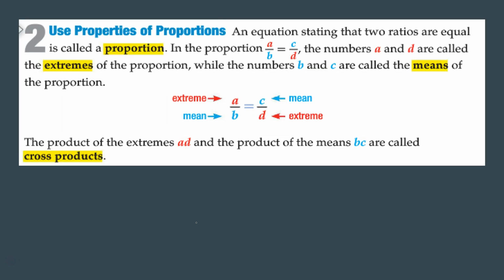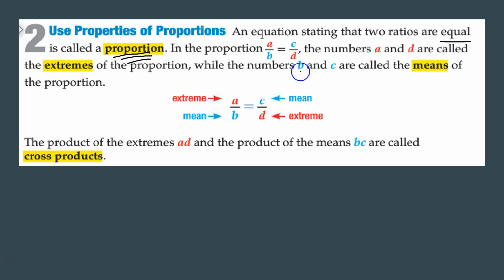Then we want to use properties of proportions, which means an equation stating that two ratios are equal. So when they're equal, they are called a proportion. A proportion: A divided by B equals C divided by D. The numbers A and D, the ones across from each other, are called extremes of the proportion.